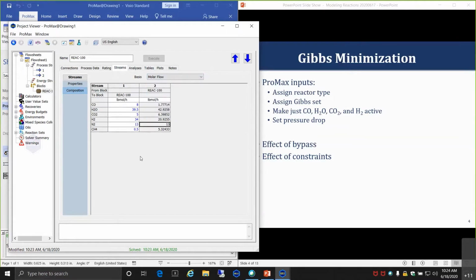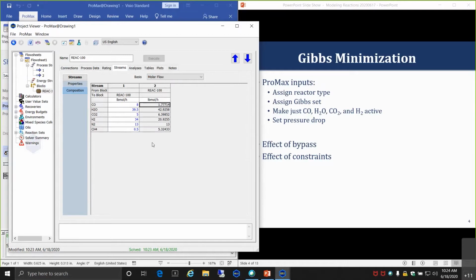The number of moles of nitrogen is constant because it's not reacting, and even if it was allowed to react, it couldn't react to anything else. We've produced methane. We have reduced the amount of hydrogen in the system. We have some CO2 produced, some water produced, and a lot of the CO has been consumed.